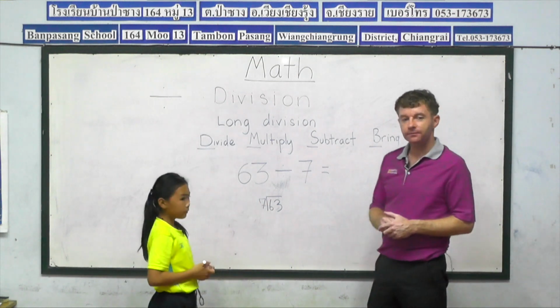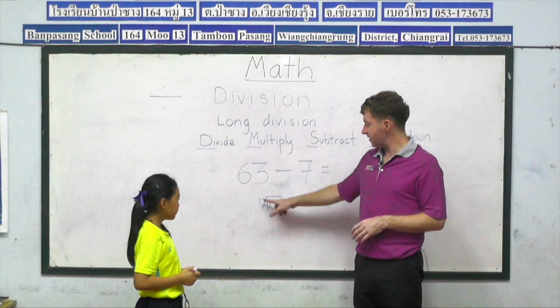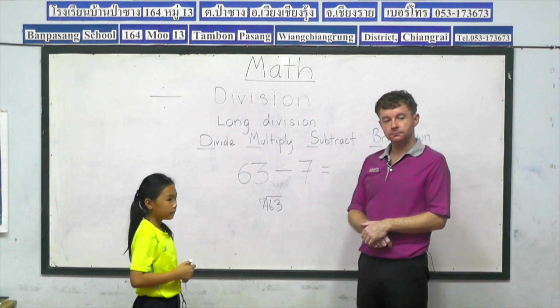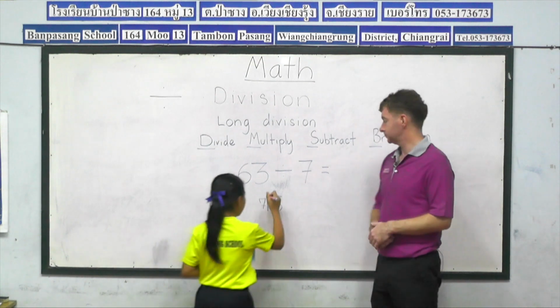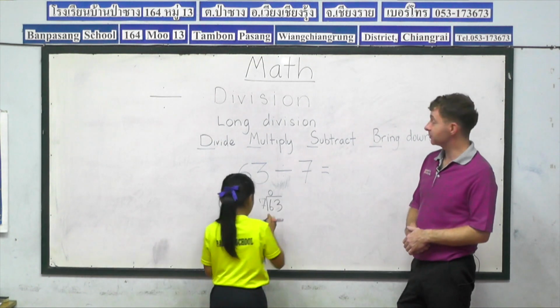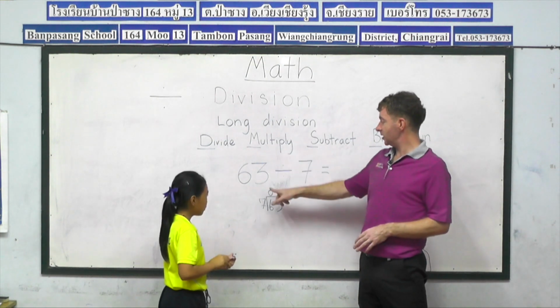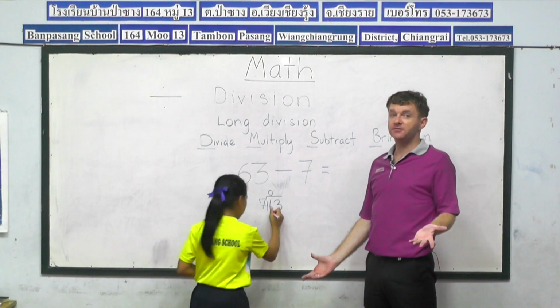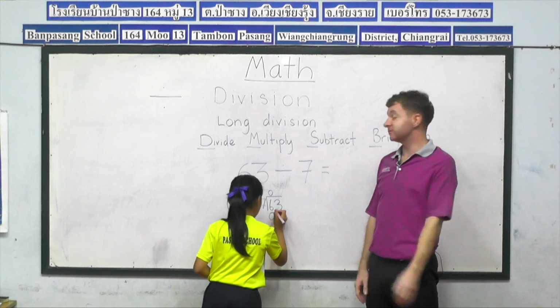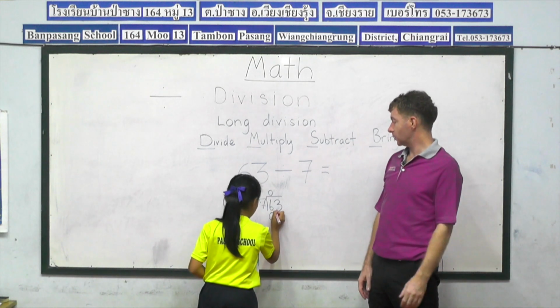Okay, guys. 6 divided by 7. Can't do. So what do we write when we can't do? 0. And then just follow the steps. Multiply 0 by 7. Whenever we multiply by 0, the answer is always 0. Okay.